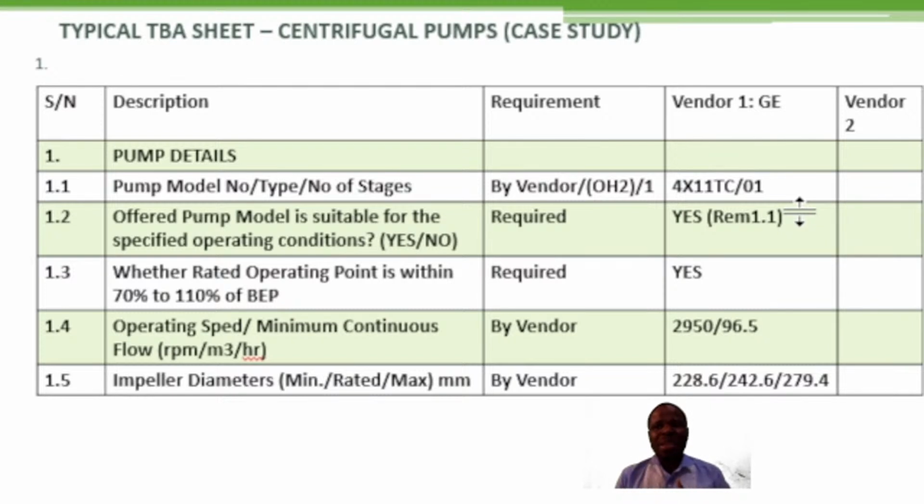It is important that the model that the vendor is about to supply to you shall be from the vendor's existing pump model series. Nothing must be outside its model series, and shall be from its regular manufacturing range of the vendor.